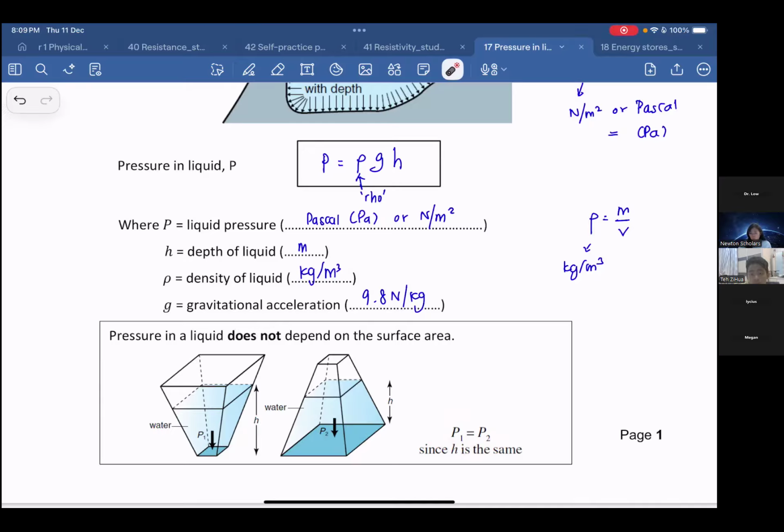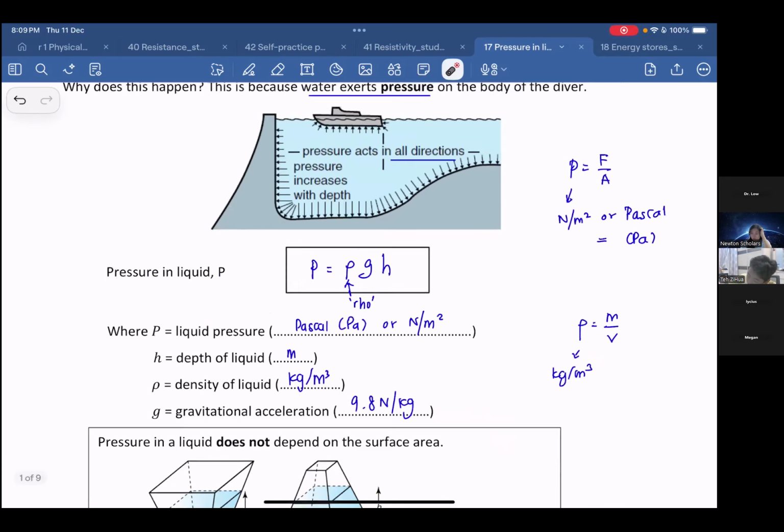Depth is measured from the surface of the liquid until the point that we want to know. It is not from the bottom going up. When we measure our height, we measure from the bottom up to the head, but depth is from the surface of the liquid going down.